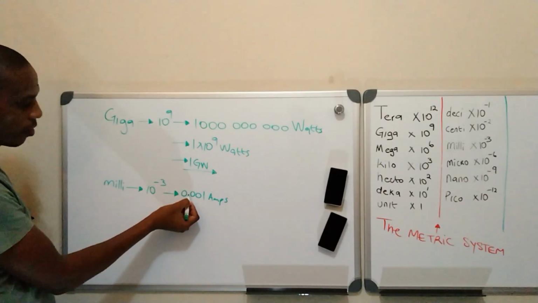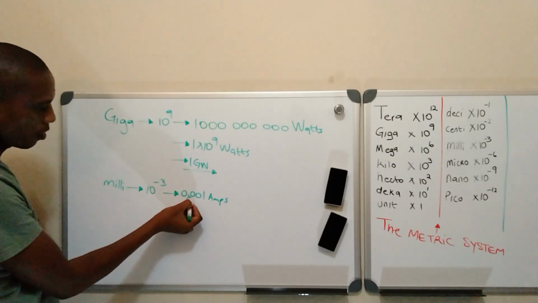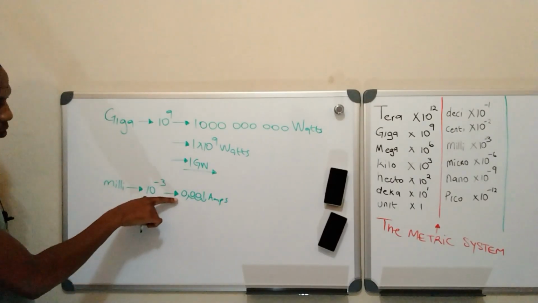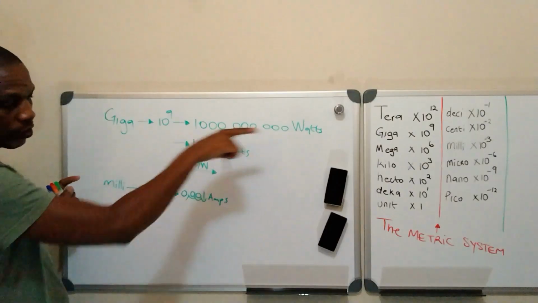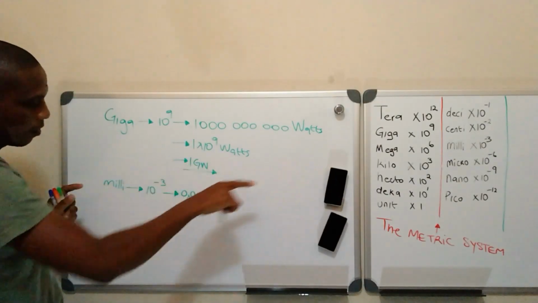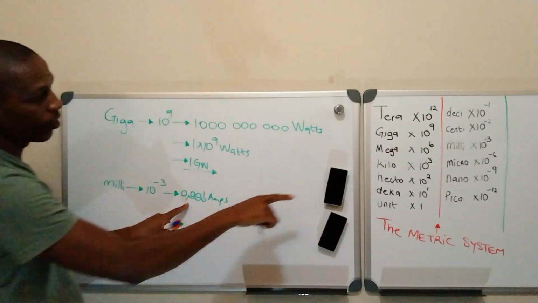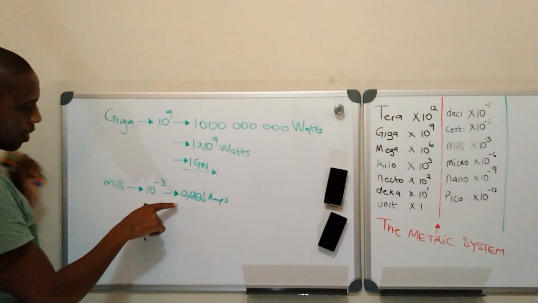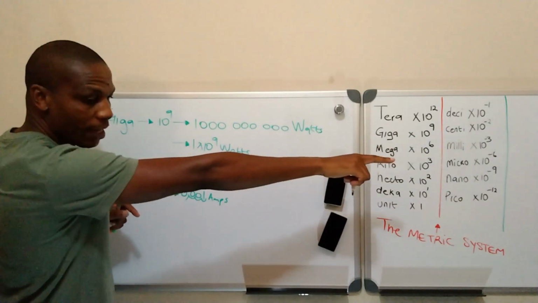You start there by the comma and you count 1, 2, 3. But now you started from the left going to the right, which means it won't be kilo. Since we started from the left going to the right, the number is negative.